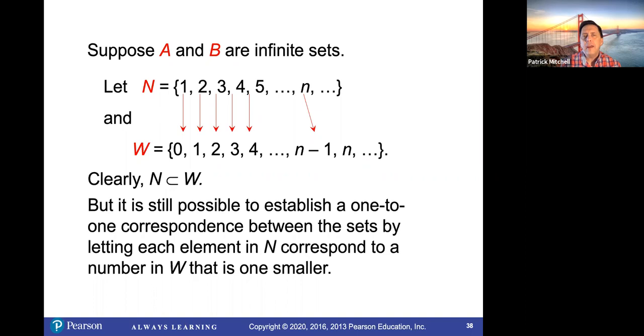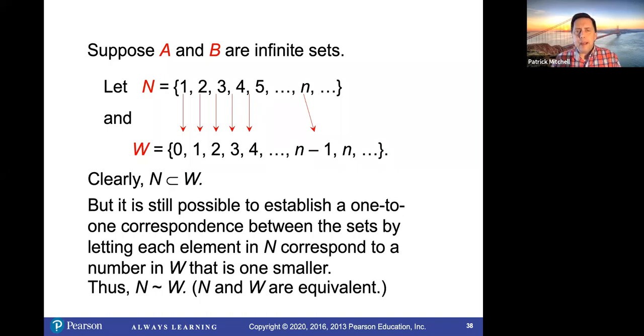So even though N is a proper subset of W, there is still a one-to-one correspondence between N and W. And because there's a one-to-one correspondence, that means that N and W are equivalent sets.